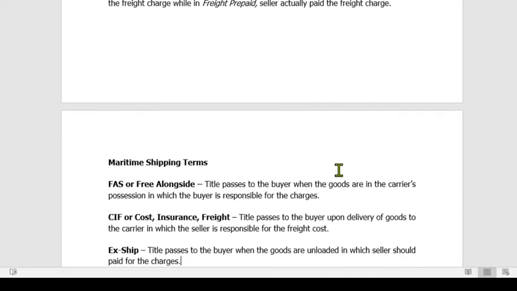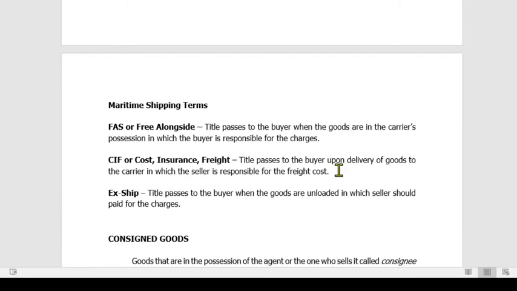Let's look at some of maritime shipping terms na ginagamit aside from the FOB shipping point and the freight collect, freight prepaid, and FOB destination. Meron tinatawag na FAS or the free alongside. What does it mean? The title passes to the buyer when the goods are in carrier's possession. So halimbawa, merong agent or merong carrier na magdadala ng items into the buyer.